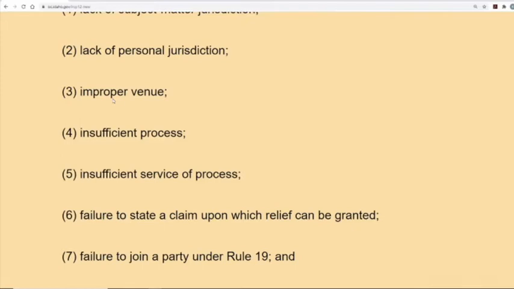Now, what does it mean for a failure to state a claim for which relief can be granted? Well, first of all, you have to be the injured party. You got to have standing in law to claim a right to a cause of action. What is the name of the man who has standing in law to claim a right to a cause of action here? We'll start there.